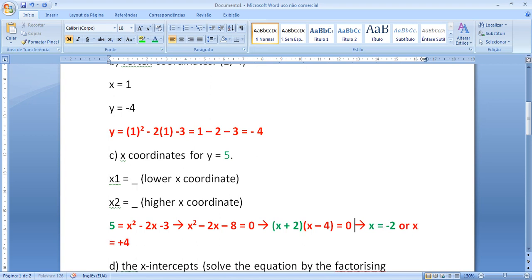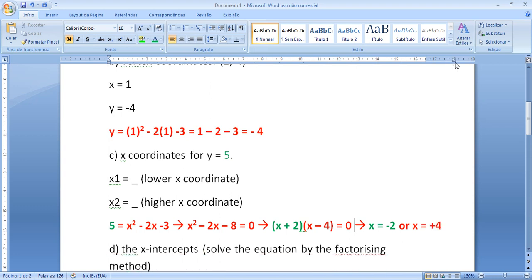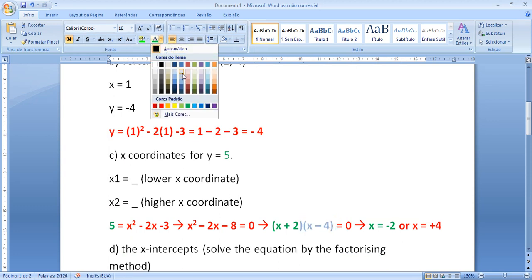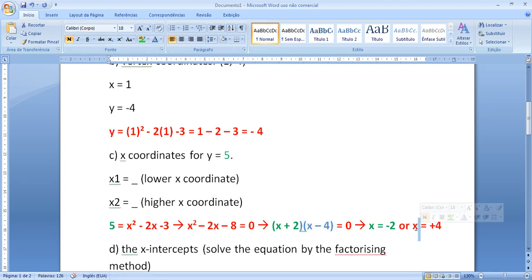Or x equal plus 4, because of this bracket here. Let me put it in blue. So we have these 2 points: plus 4 and minus 2.